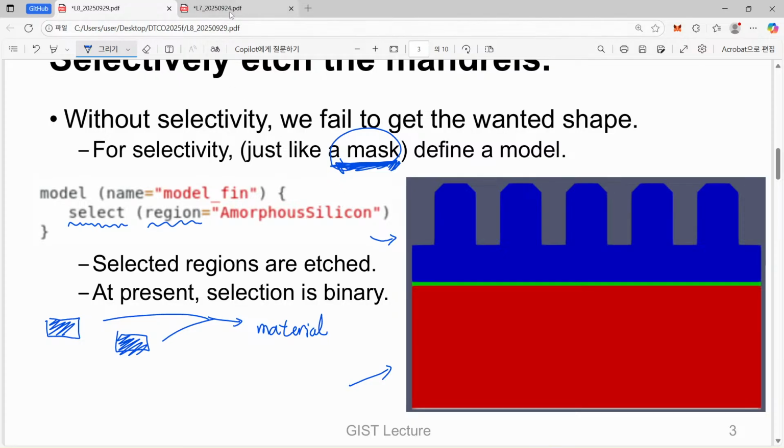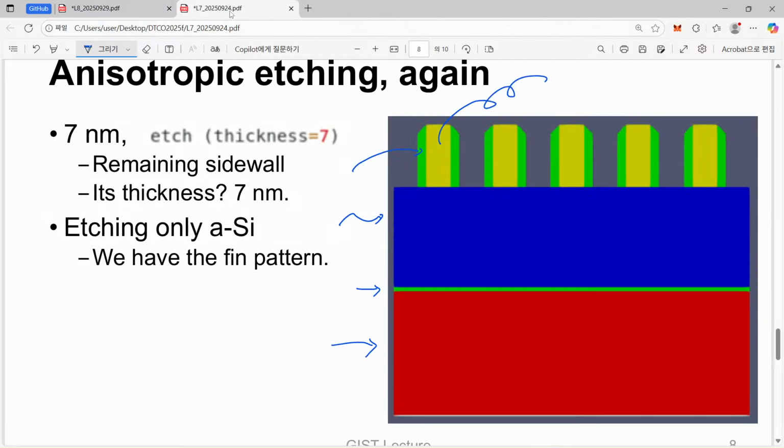Please make a comparison. Starting from this one, I wanted to delete this yellow line corresponding to the mandrel. So if I just introduce a certain anisotropic etching by the amount of this mandrel height, then this part corresponding to silicon nitride or hard mask will also be etched away.